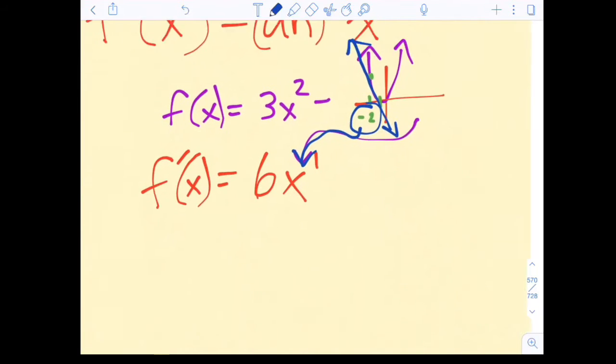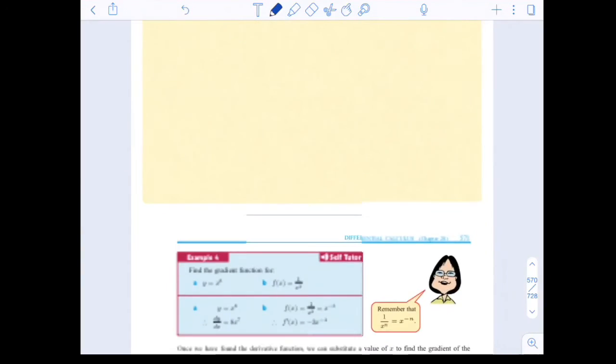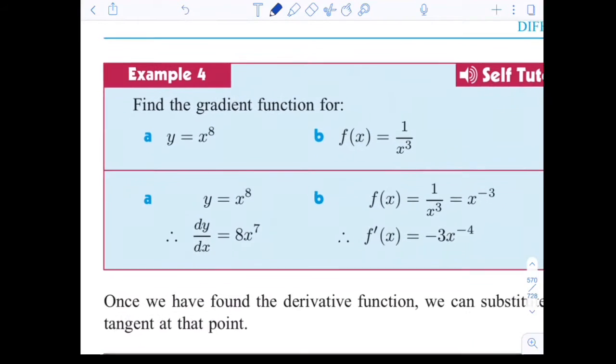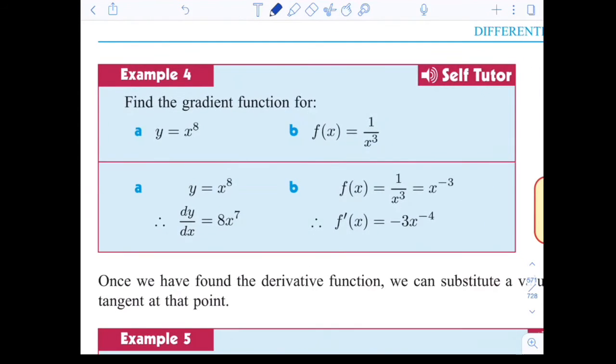So let's look at some examples down below. If we were looking for the gradient function or slope function or the derivative of these ones, I'm going to take that 8 and multiply by the number out front. Well, there is no number there, so you can imagine it to be 1. So it's going to be 8 times 1, which is 8, and that's where we get the 8 from.